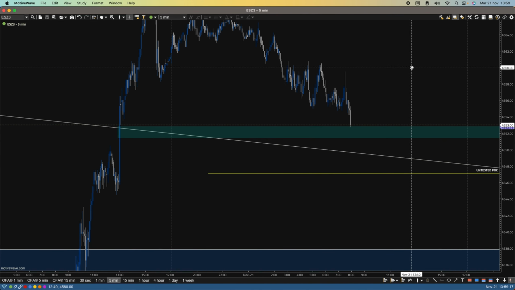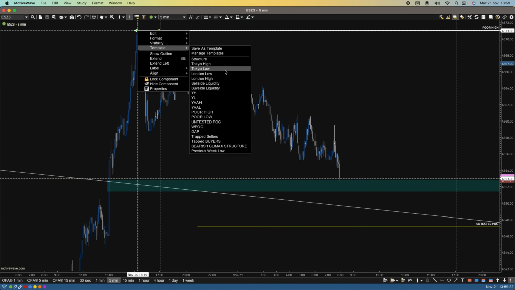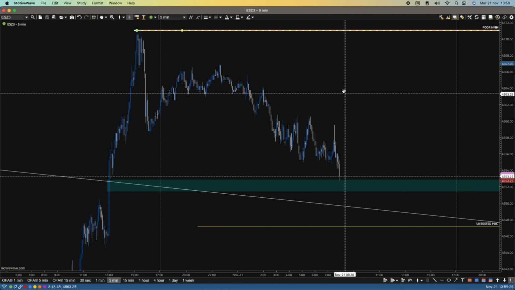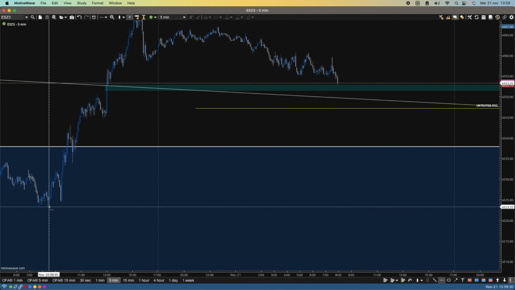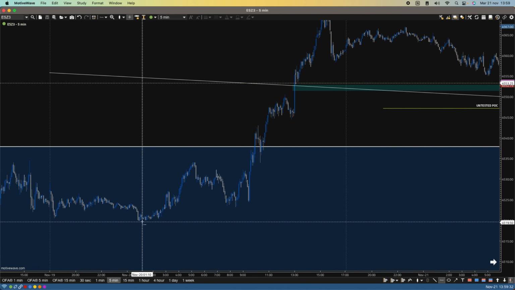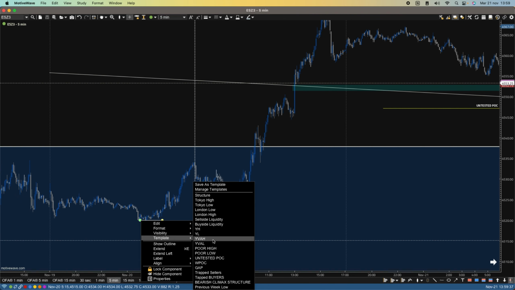On the empty template, I'm looking for yesterday high and yesterday low, which is this one. Very good levels from which price often reacts very well.